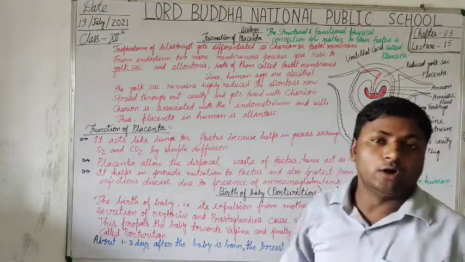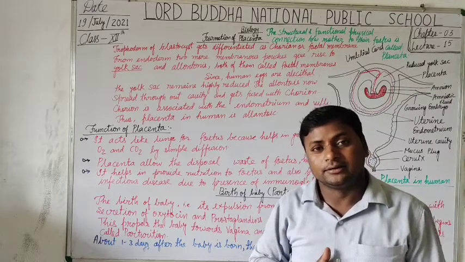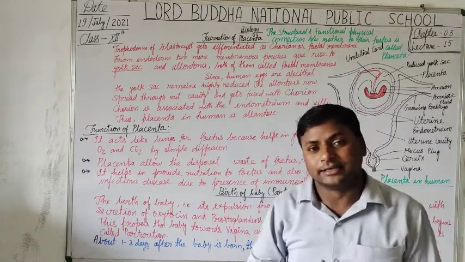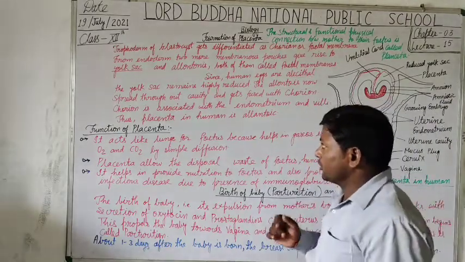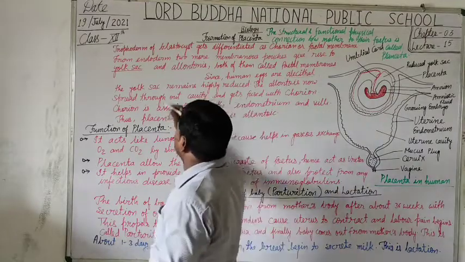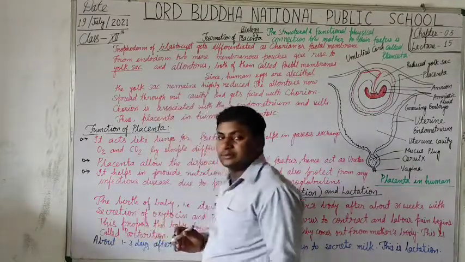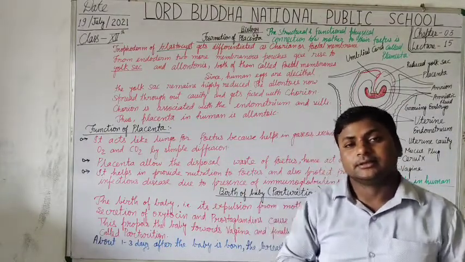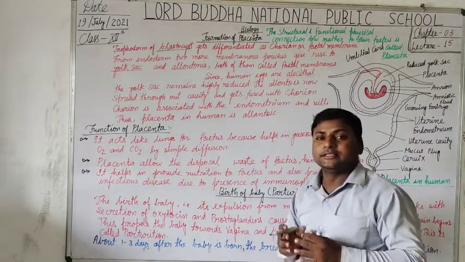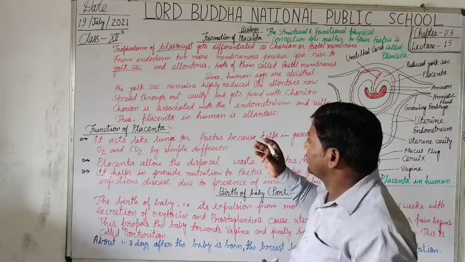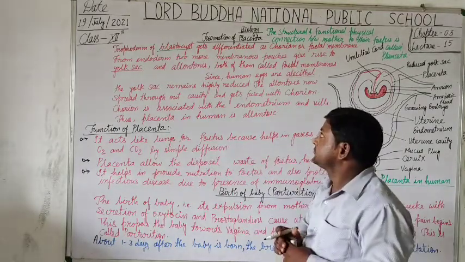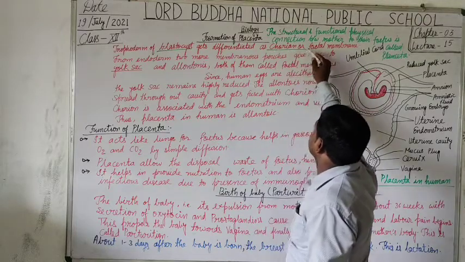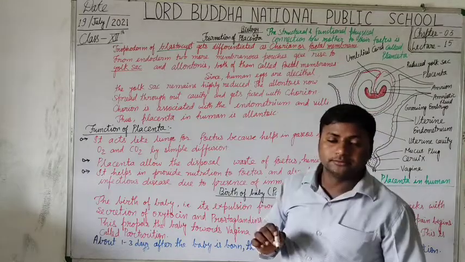Now we are going to know how the placenta is formed, or from where the origin of placenta takes place. So students, the trophoblast of the blastocyst, the membrane around the blastocyst, that is the trophoderm layer, a germinal layer of ectoderm type, gets differentiated as chorion, and this is also called a fetal membrane.